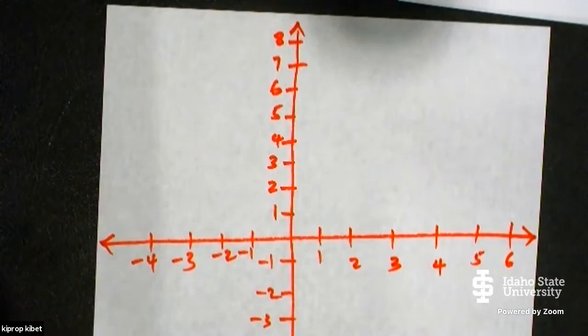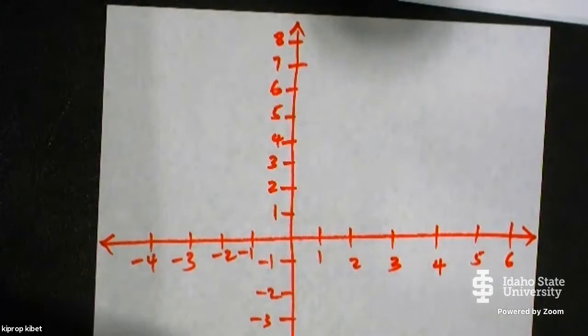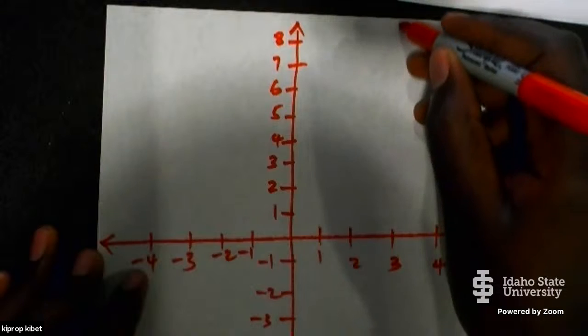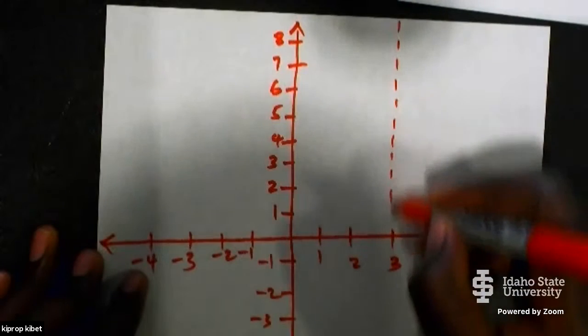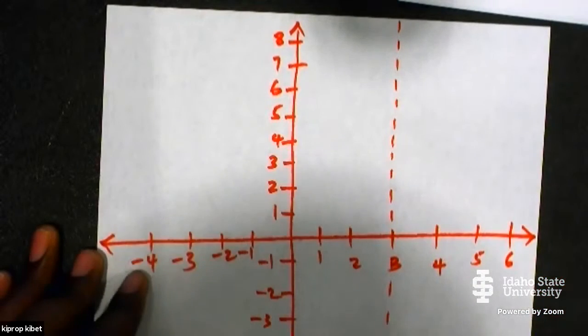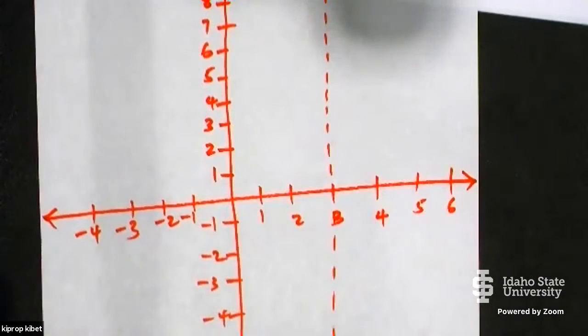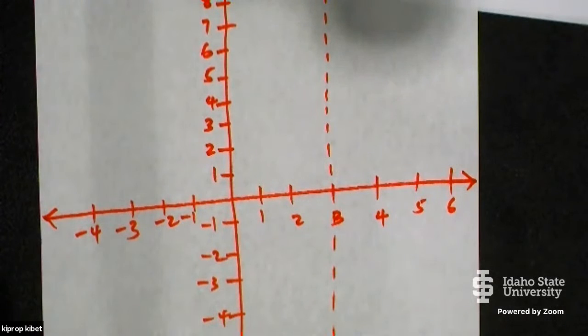So our axis of symmetry is what? Is 3, right? So our axis of symmetry is here. So that is our axis of symmetry. Then our vertex is 3, minus 1.